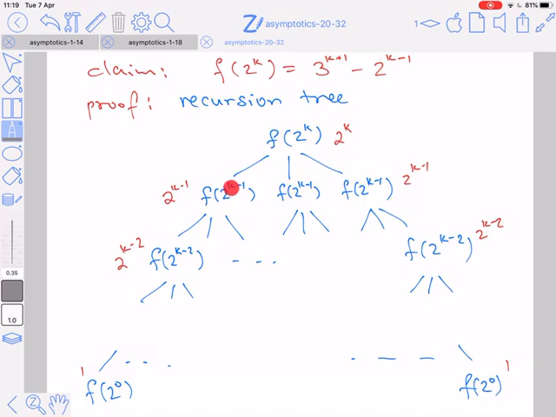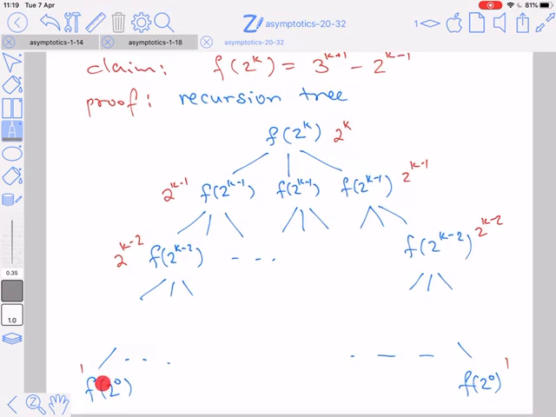So if the argument here is 2 to the power of k minus 1, the argument here is 2 to the power of k minus 2. And again, we continue. We write the penalties, and we continue to unroll the recursion tree until we reach the leaves. The leaves correspond to f of 2 to the power of 0, which equals 1. Okay?